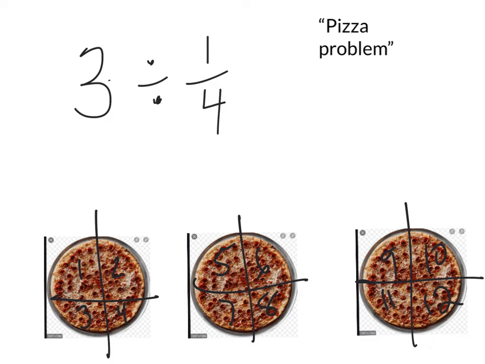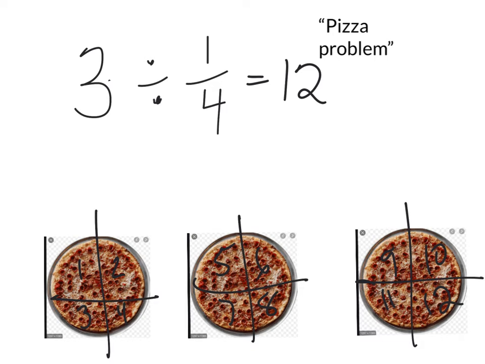But I just think pizzas make sense, and I think most kids understand pizzas and they can visualize a pizza. And so I always call these pizza problems. So anytime I see a whole number divided by a unit fraction, I know that's a pizza problem. And in this case, I know I can already write my answer. My answer is going to be 12.